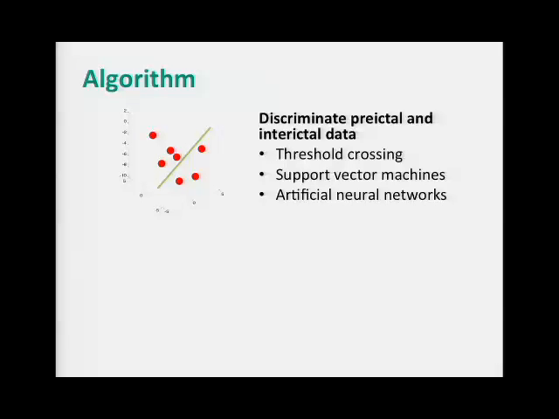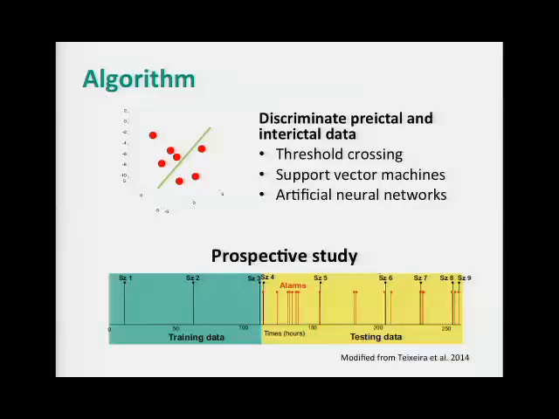So, yeah, we have the algorithm, but then I told you that we have to choose the parameters of the algorithm, and this is usually done in the prospective study, where we have first our training dataset, then the testing dataset. We use the first segment to train the algorithm based on its performance.